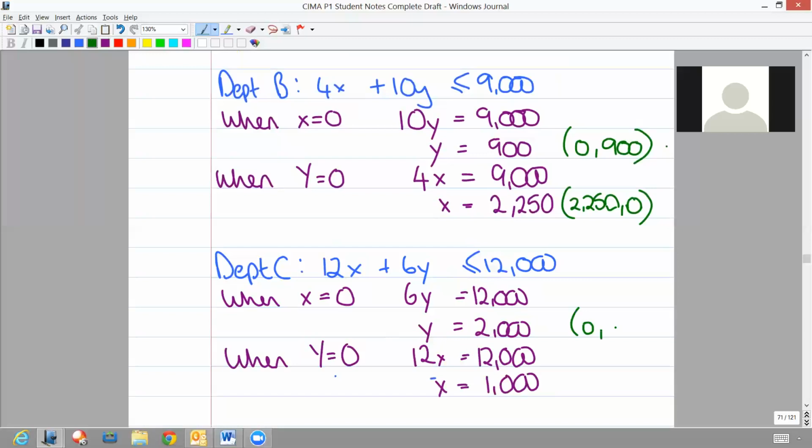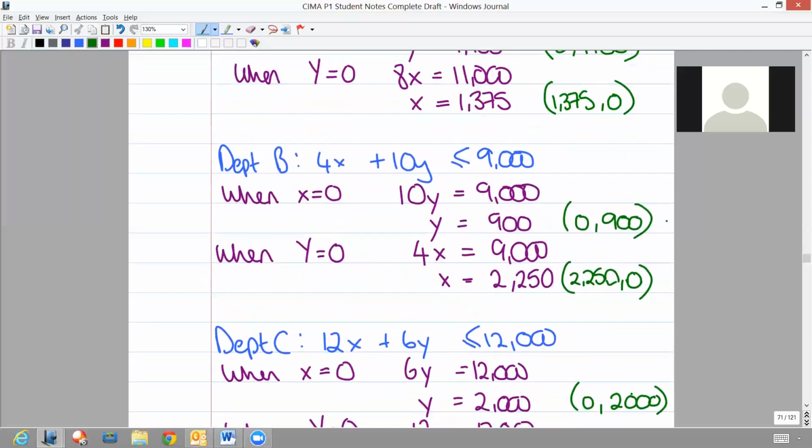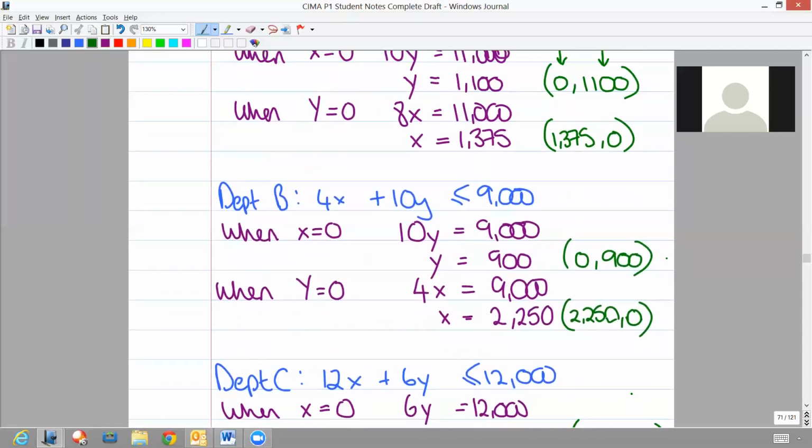So we have 2,000 as our y coordinate and 1,000 as our x coordinate. And what you've now completed are all of your constraints, all of your points to plot. You can now draw the graph.